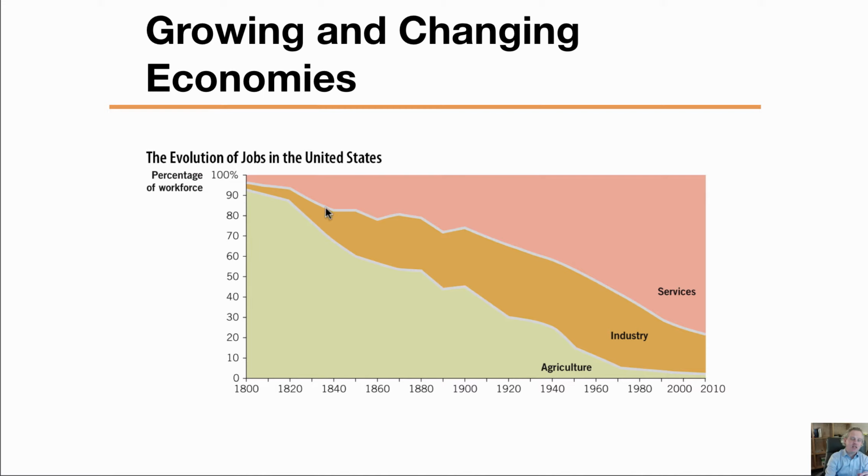And then suddenly, as the Industrial Revolution takes hold, we get more and more industry, and we get more and more people working in different service economies. And now the large majority of workers in the U.S. are working in the service industry of some sort, and only a tiny, tiny fraction of the U.S. workforce is working in agriculture.